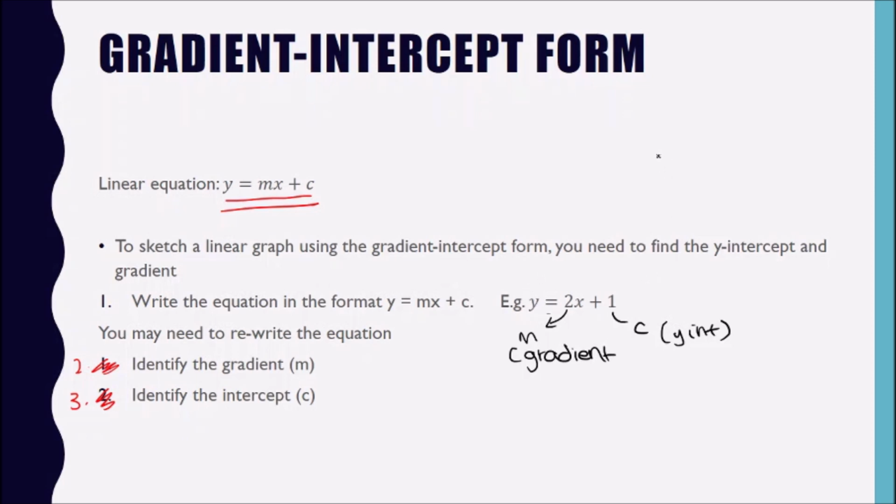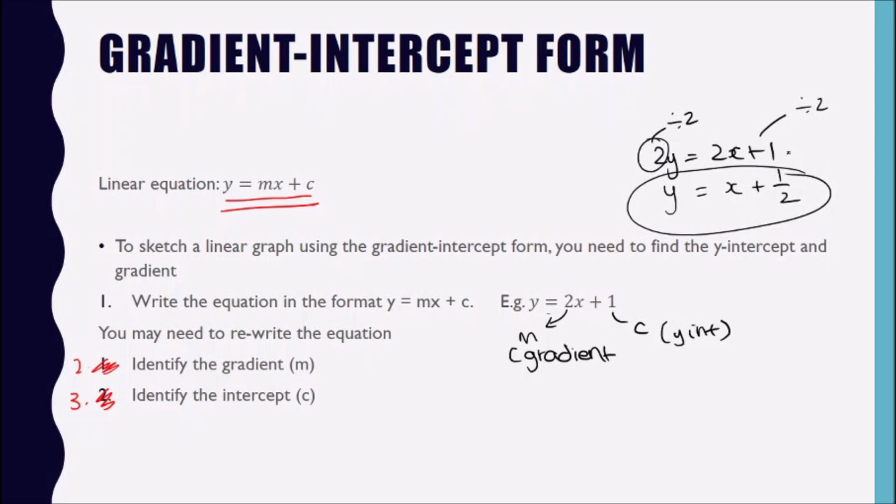It can't be like 2y equals 2x plus 1, as that would not be in linear form. You'd have to get rid of the 2 by dividing by 2, like we've been doing with algebra. If you divide this side by 2, you have to divide everything over here by 2. So it'd be y equals x plus 1 over 2. That would be the linear equation of that.